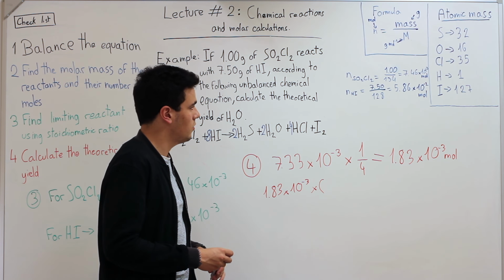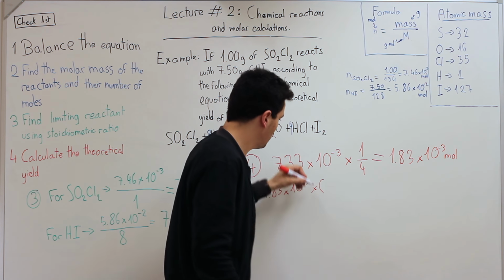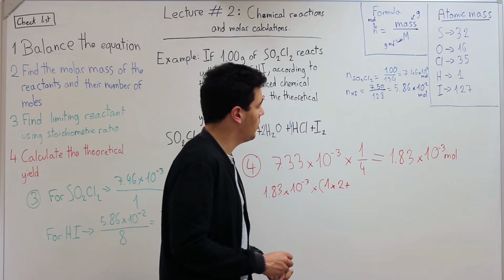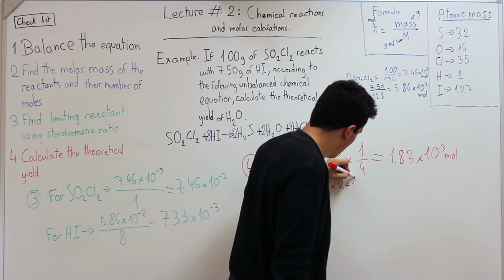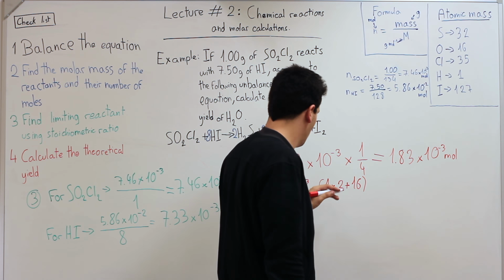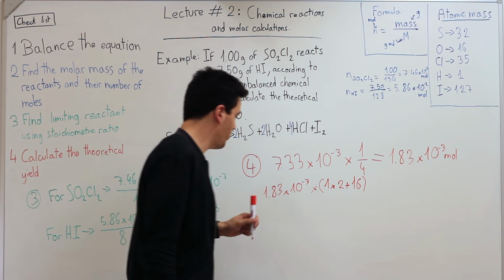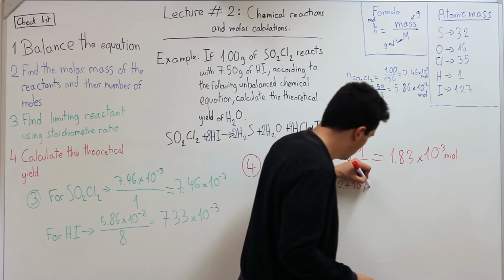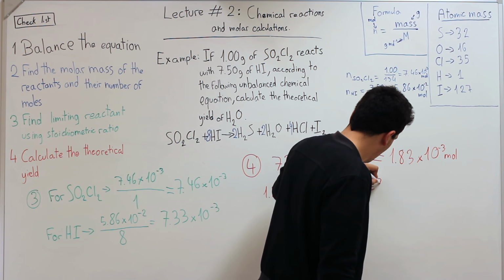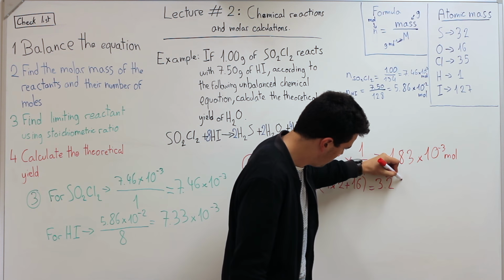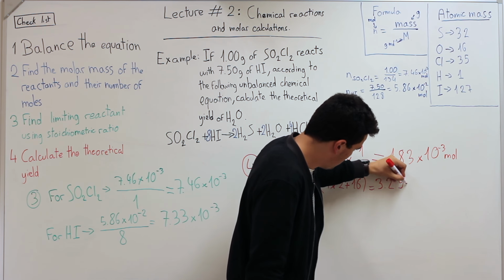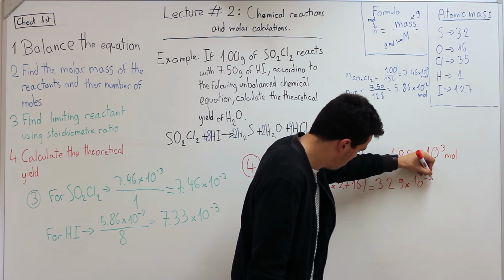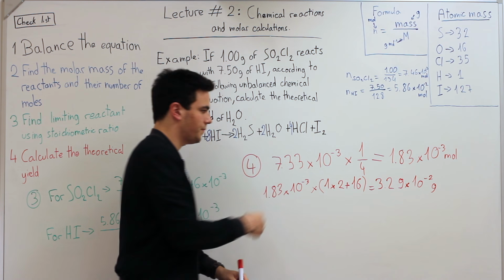Water contains 2 hydrogens, so it's 1 times 2 plus 1 oxygen, 16, for an overall of 18. So 1.83 times 10 to the power of minus 3 times 18, which results in 3.29 times 10 to the power of minus 2 grams here.